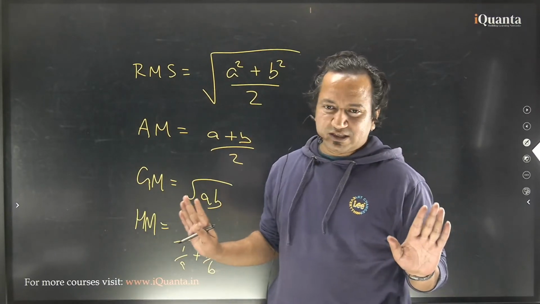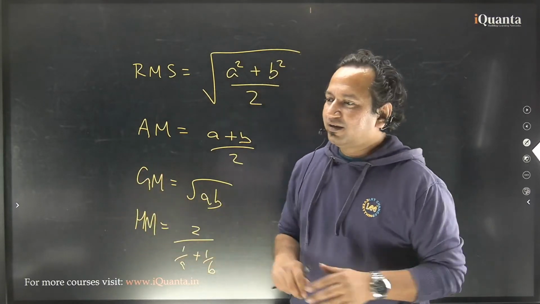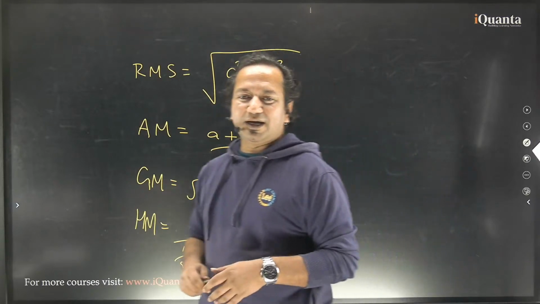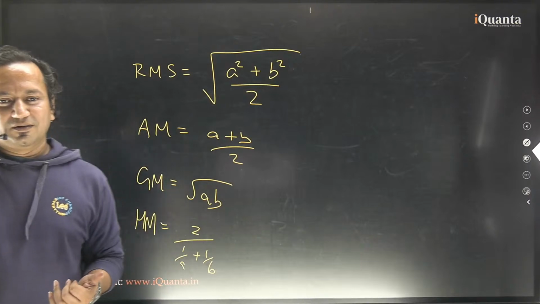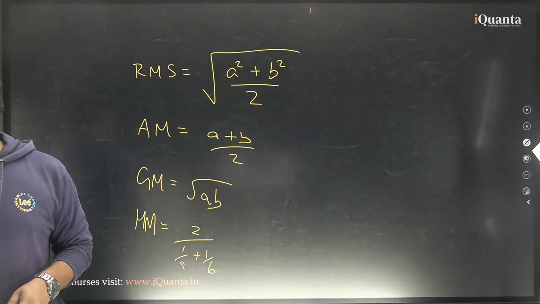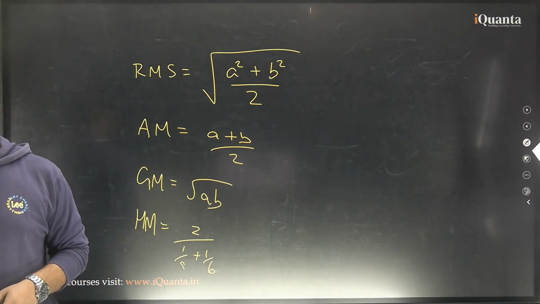Even 16-17 will get you 99 percentile, but what if all the people from iQUANTA solve 20 questions in Quant? Wouldn't that be fun? And 16 to 18 in VARC.